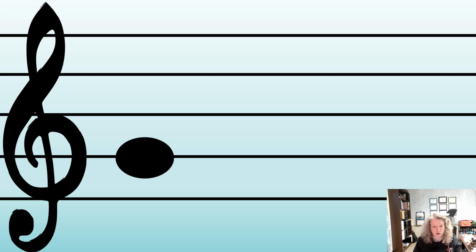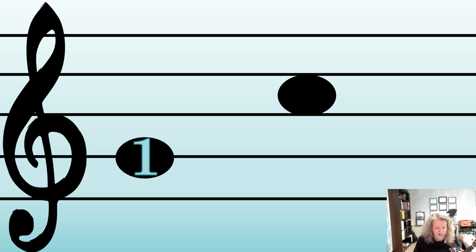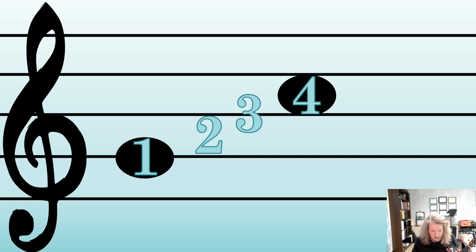The distance between the two notes is called an interval. We count the distance visually by starting with 1 on the first note and stop counting on that next note. So 1, 2, 3, 4. This interval is a fourth.